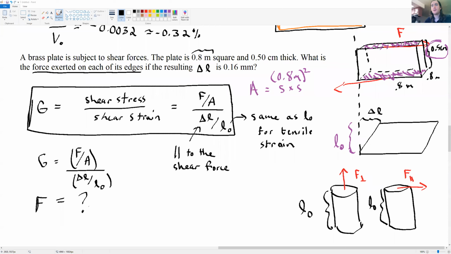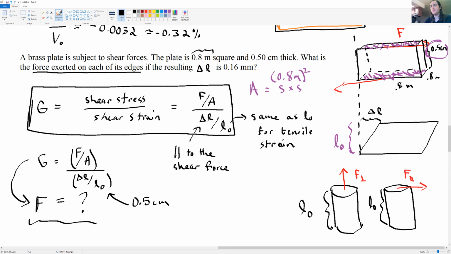So that's why I said, I think last time I shared the screen here. Let me just pull it up again. So we're solving this equation right here for F. G equals F over A divided by delta L over L0. L0 is your 0.5 centimeters.